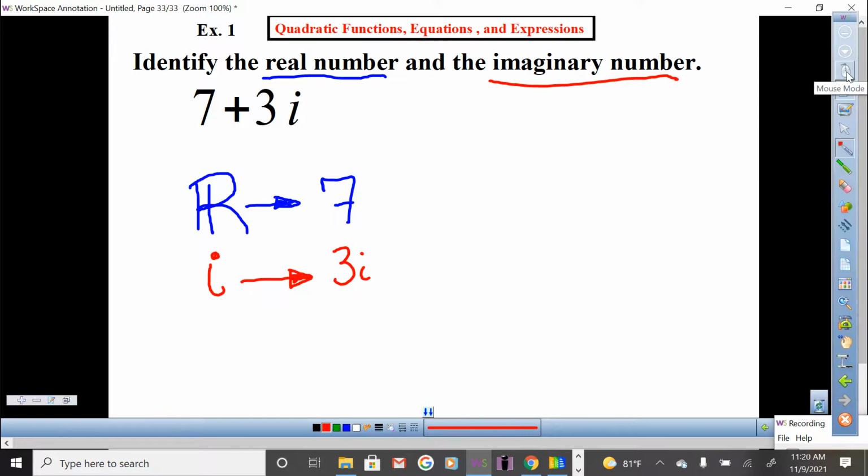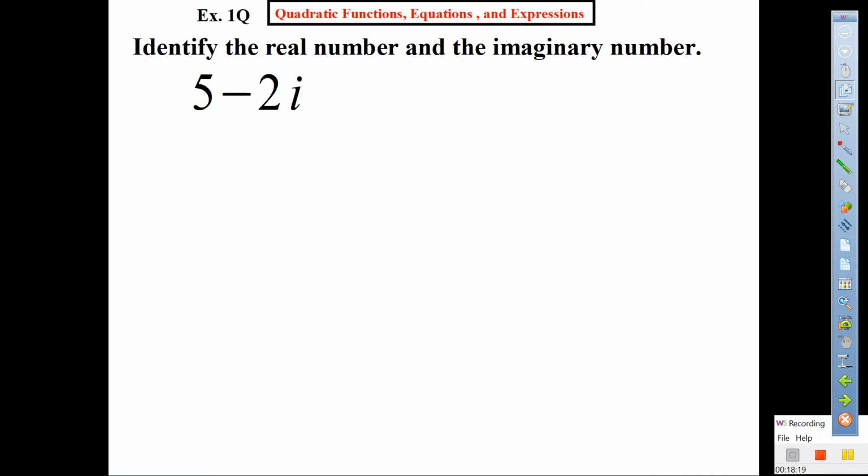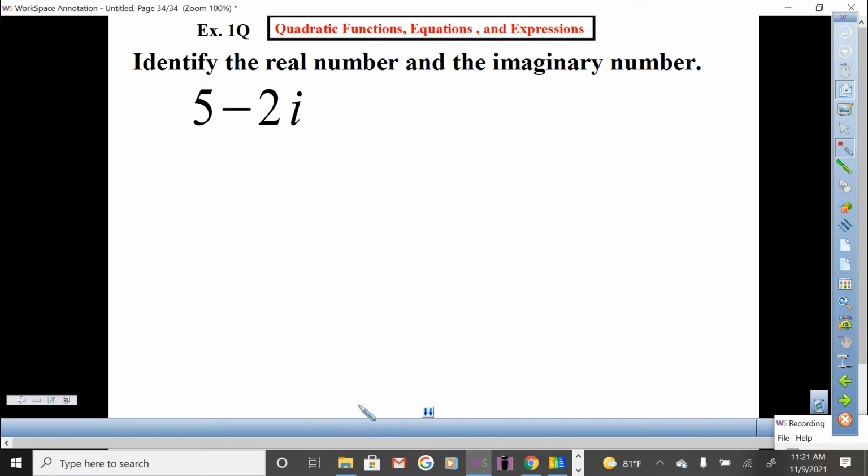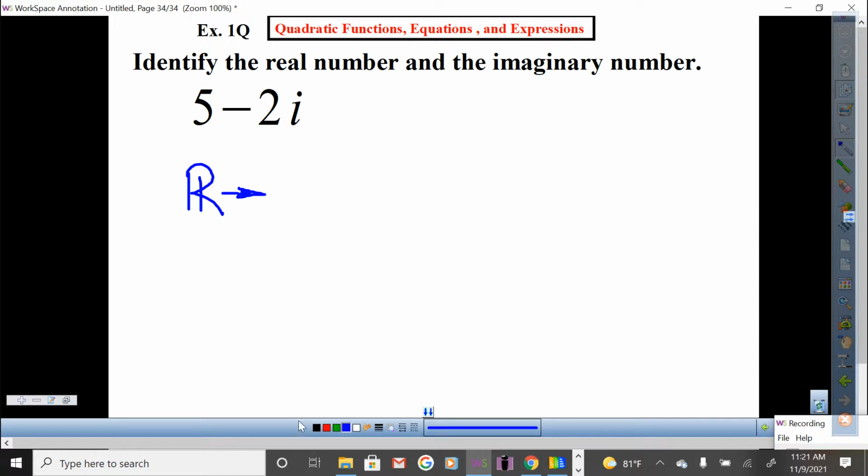Copy this. Example 1Q. 5 minus 2i. Once again, the letter R with double bar for real. The letter I for imaginary.